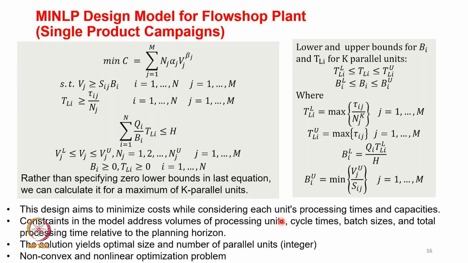The only point I need to make here is that this is a non-convex problem, and non-linear because there is a power inside, non-convex because it is an integer constraint problem. Any integer programming problem eventually becomes a non-convex problem, and the cost equation is also non-linear. The entire problem is a non-linear, non-convex optimization problem, but its solution gives you the optimal number of sizes and parallel units.